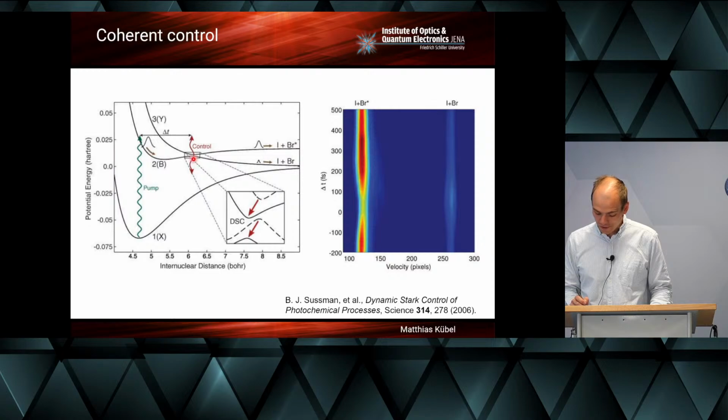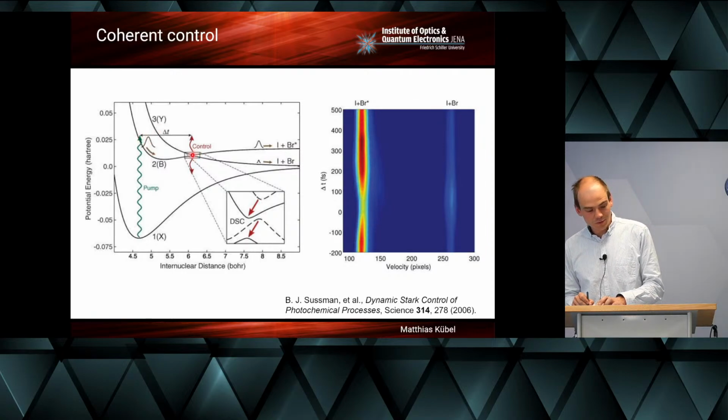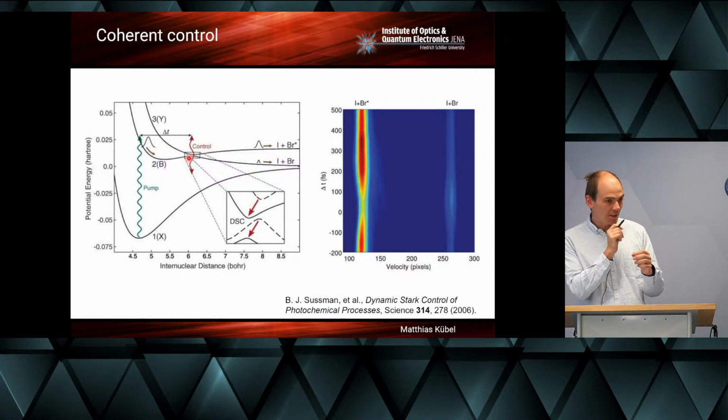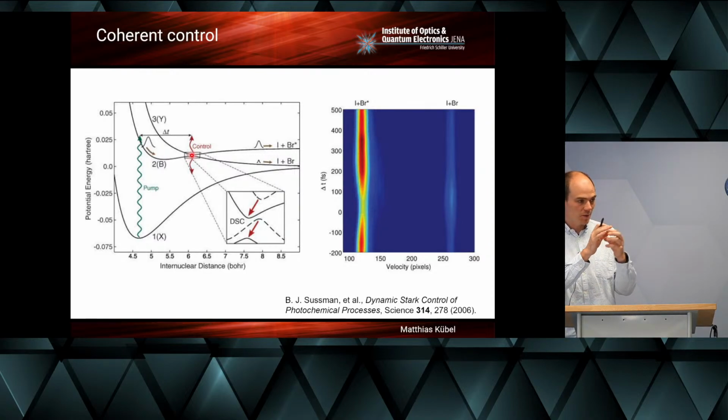And now by applying a control field after the molecule was brought up to this state, and then it takes some time to go to this crossing point, right at the time when the molecule is at that particular internuclear distance where these two states cross, then they can control the ratio of the dissociation. They can control whether the molecule dissociates in this state or in that state.